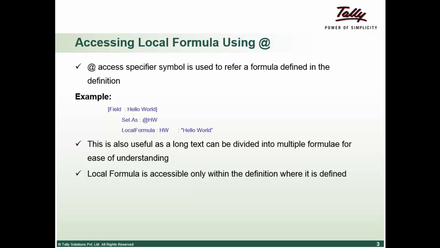The value of a local formula can be accessed by using the symbol prefix simple at. So as you can see in this example, set as :at HW, local formula :HW hello world. So this output would be hello world.